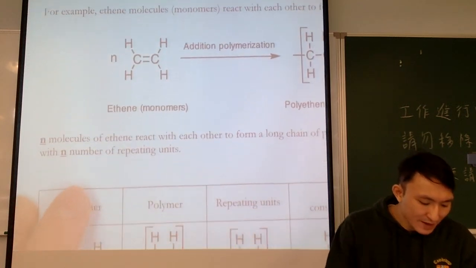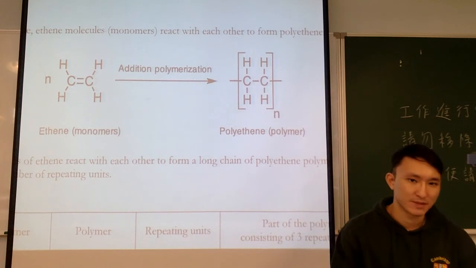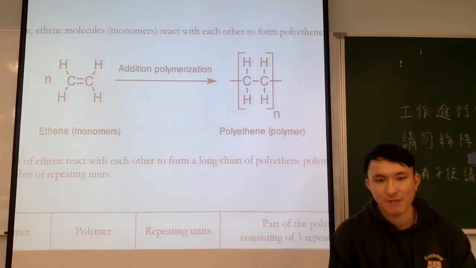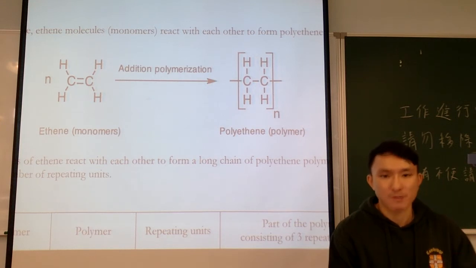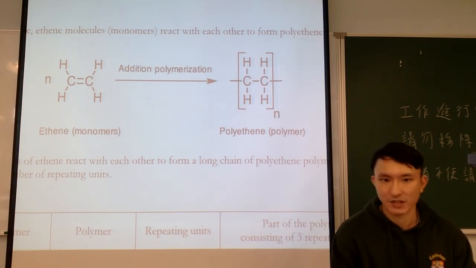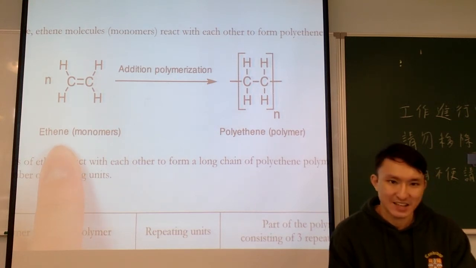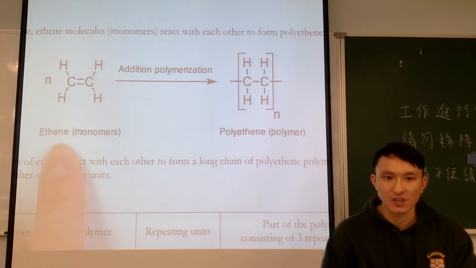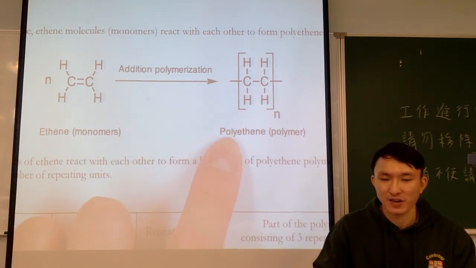Now, look at this equation. This equation describes how addition polymer is formed from its monomer by addition polymerization. Here, the monomer is called ethene. So we have the ethene molecules joined together to form a polymer, and we call it polyethene.